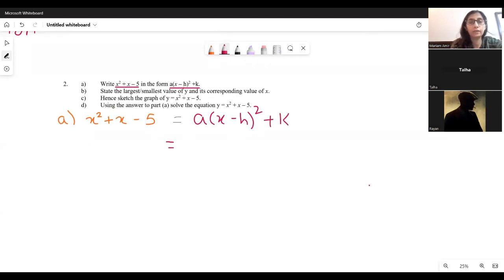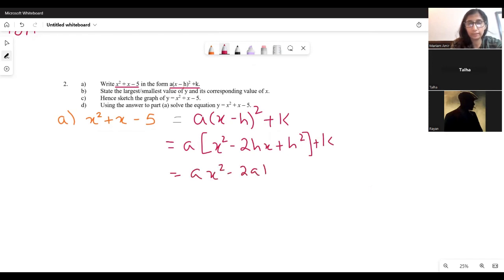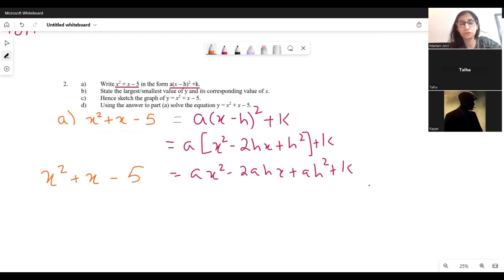We have a times (x square minus 2hx plus h square) plus k. So that becomes ax square minus 2ahx plus ah square plus k, equated to x square plus x minus 5. Now you're going to compare the coefficients of x square on both sides, the coefficients of x on both sides, and the constant on both sides.